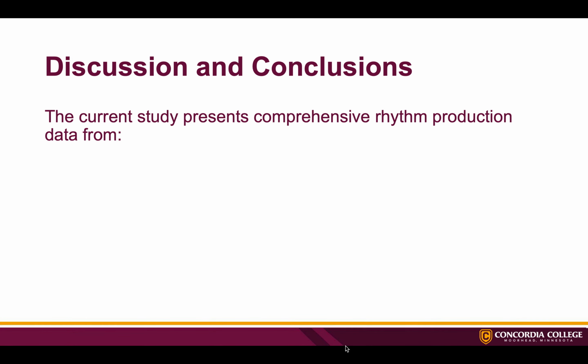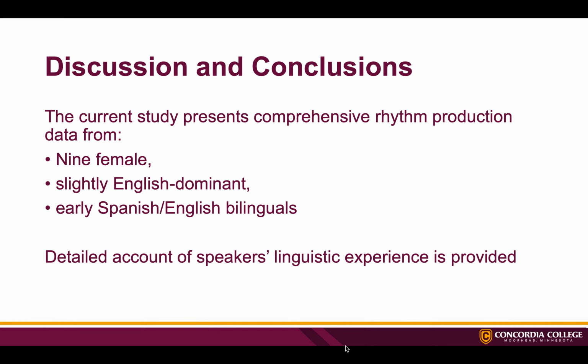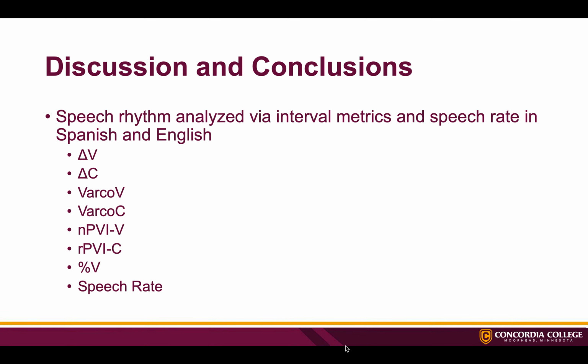The current study, to conclude and summarize the research today, presents comprehensive rhythm production data from 9 female, slightly English-dominant early Spanish bilinguals, and a detailed account of the speakers' linguistic experience is provided, and this is partly a contribution to the literature as well. The speech rhythm from these speakers was analyzed via interval metrics and speech rate for the following metrics.